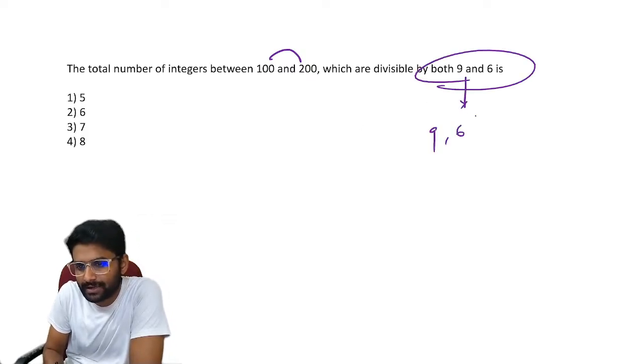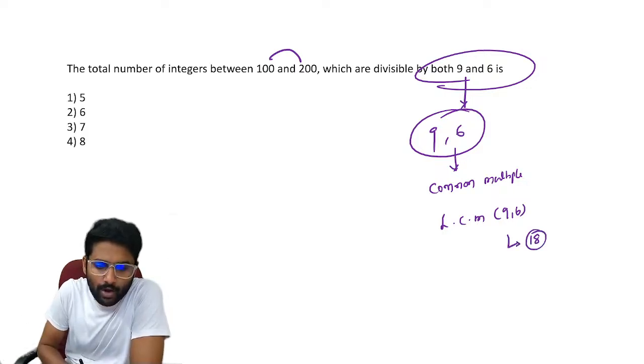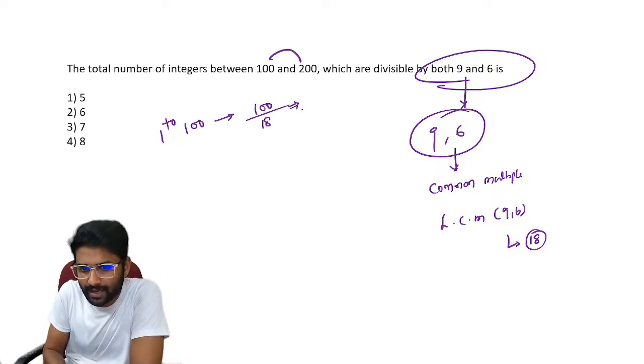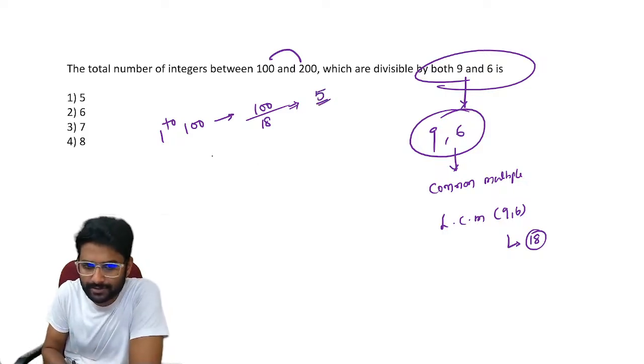Both 9 and 6 means take the common multiple, which is the LCM. LCM of 9 and 6 is 18. Now you should understand how many multiples of 18 are there between 100 and 200. First, from 1 to 100, we identify the multiples of 18 and you get 5 multiples.